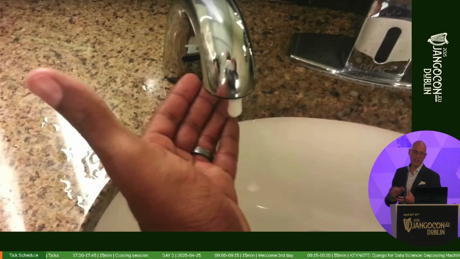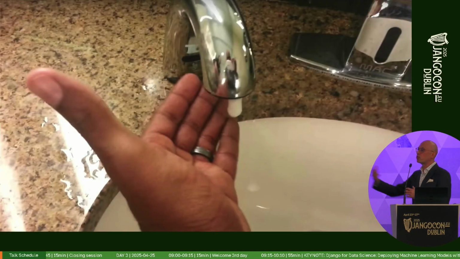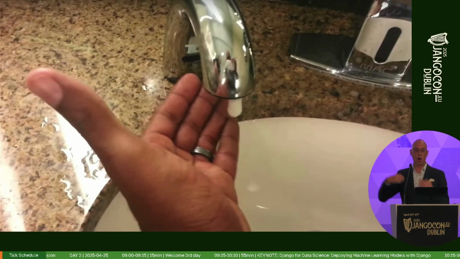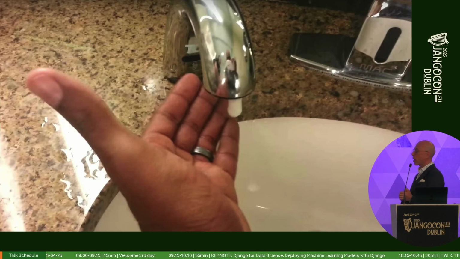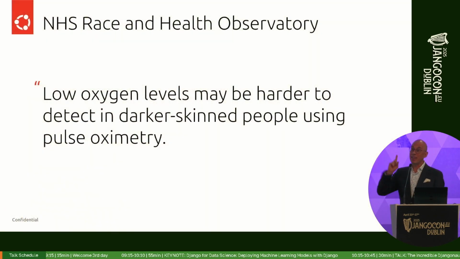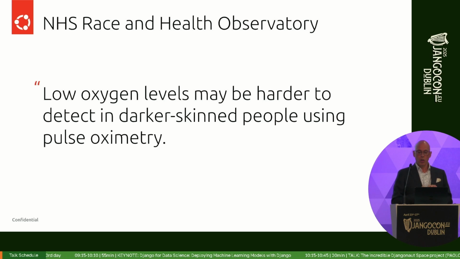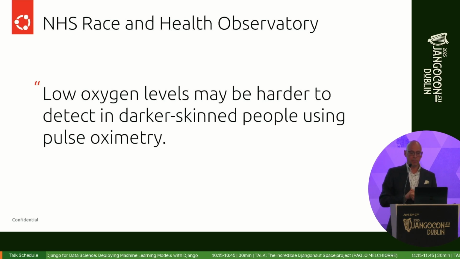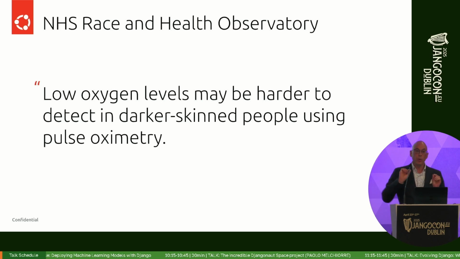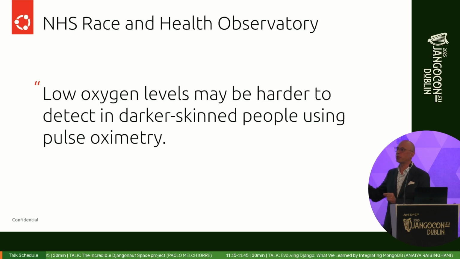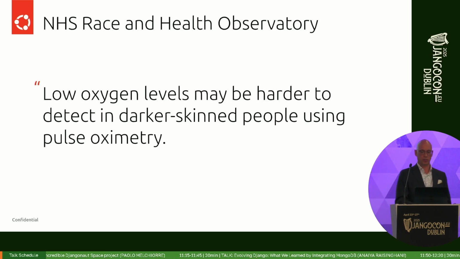And perhaps you've seen funny videos of black people trying to use soap and paper towel dispensers that only work for people with white skin. A bit less funny is that low oxygen levels may be harder to detect in darker-skinned people using pulse oximetry, which is possibly why black children are 4 times more likely to suffer post-operative complications for certain procedures.